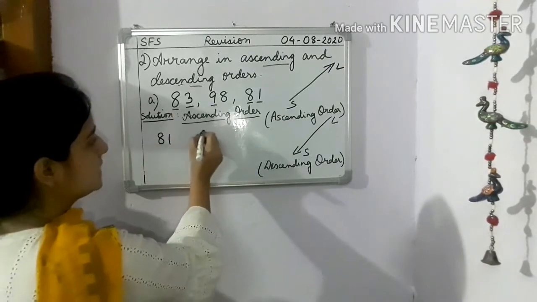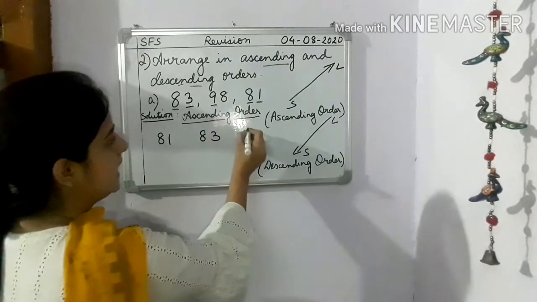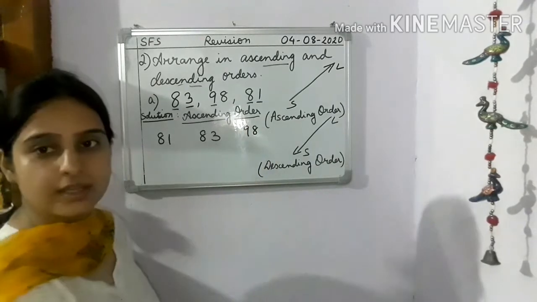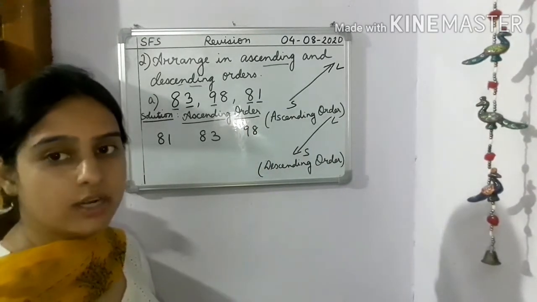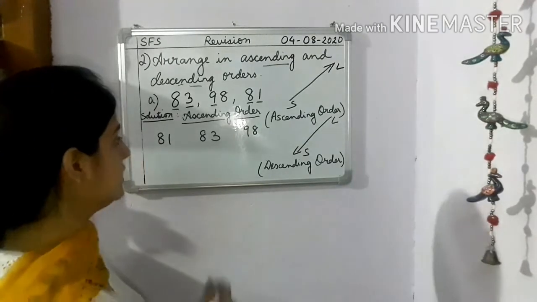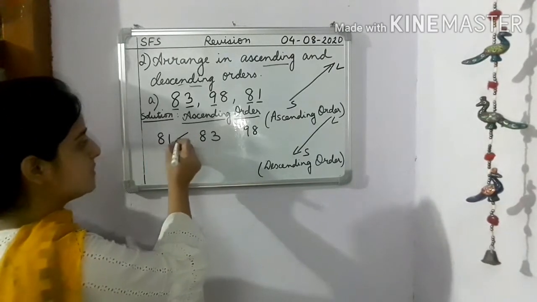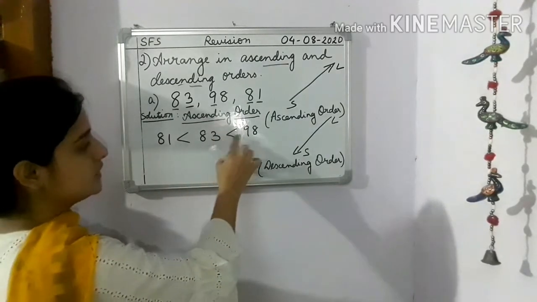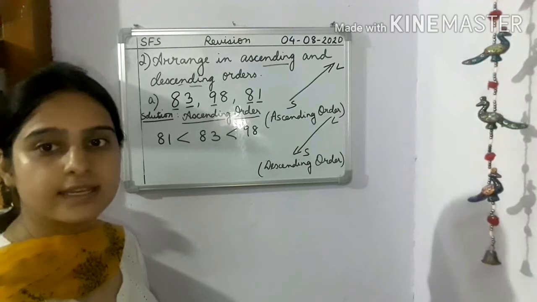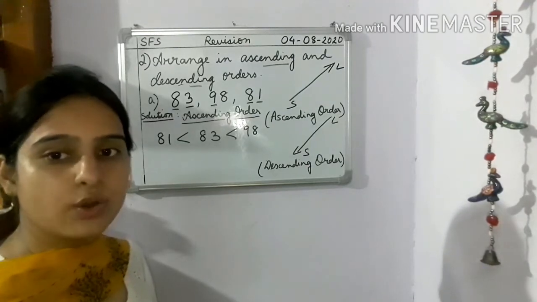Then we will write 83 and 98 is the largest number. When we arrange the numbers in ascending order, children, that time we put the symbol: 81 is smaller than 83 and 83 is smaller than 98. Am I clear to you all?